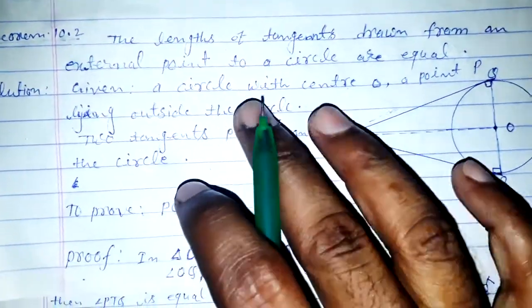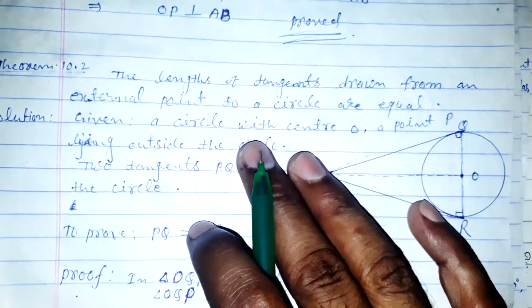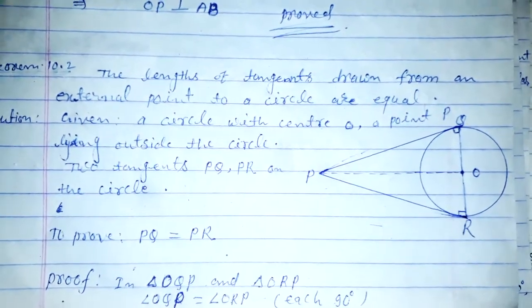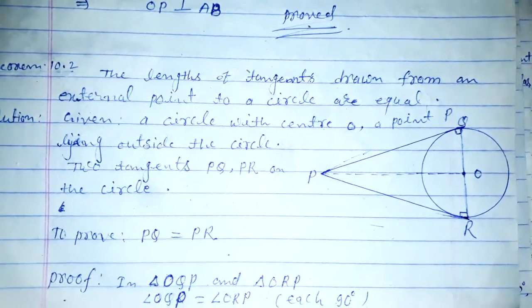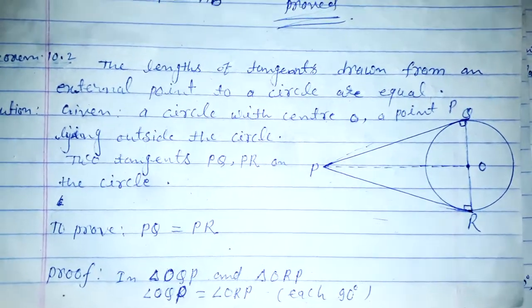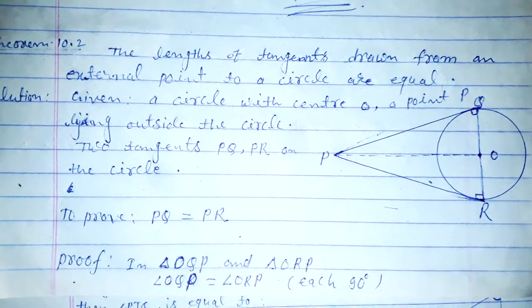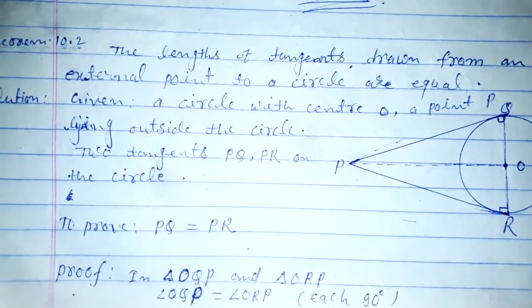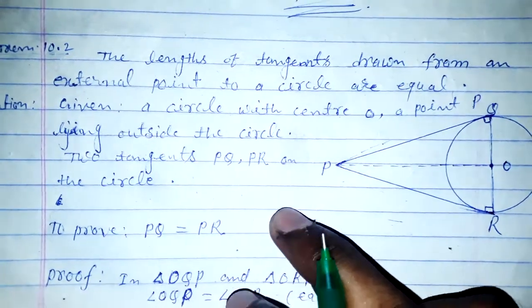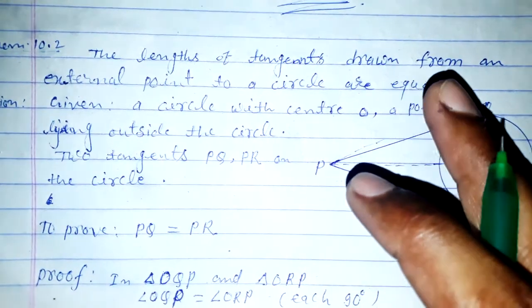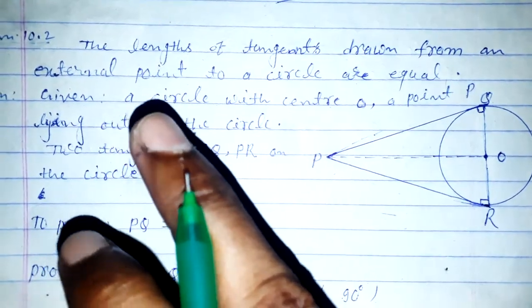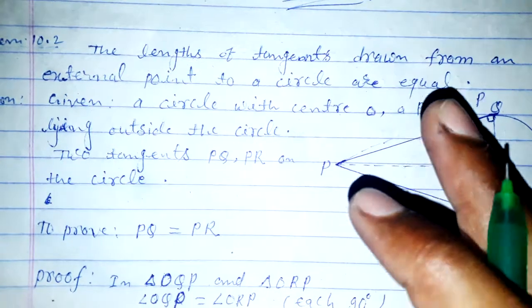Next theorem is 10.2. This is an important theorem, compared to 10.1. The lengths of tangents drawn from an external point to a circle are equal.